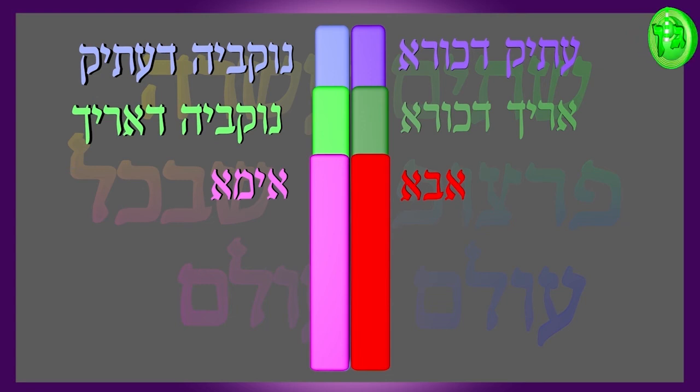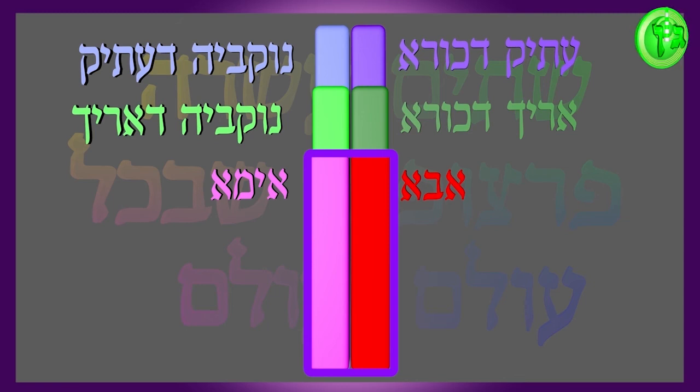And although upon first impression it may seem that Abba and Ima are individual Partzufim in and of themselves, nevertheless we'll soon learn how even Abba and Ima are actually the male and the female sides that join together to make up another general Partzuf, the same way that Atik Yomin and Arich Anpin are also comprised of a male and a female side.